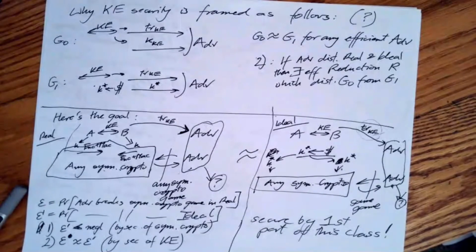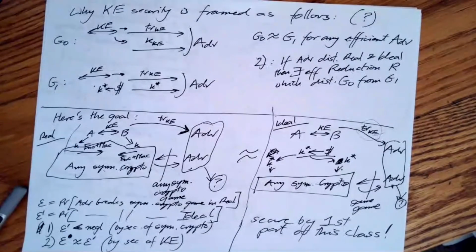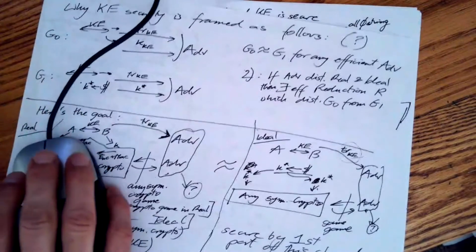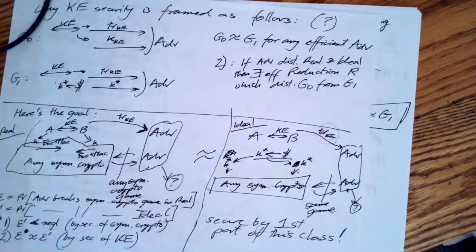So El Gamal is one public key encryption, but you should also see the RSA case. Okay. Do you have any questions on this stuff?